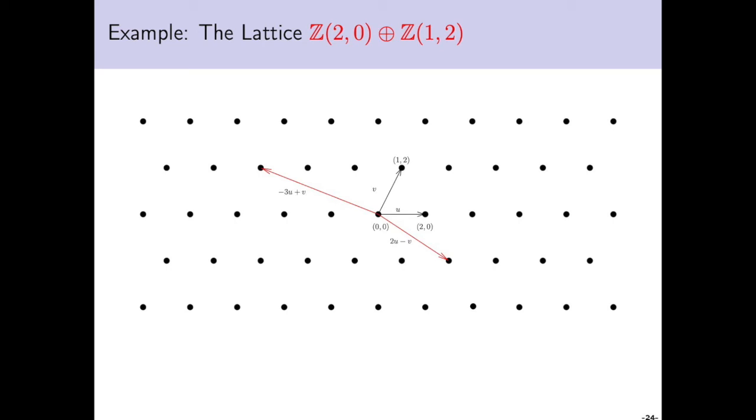But I have the right to use only linear combinations of these two. I can play only with integer multiples of u, integer multiples of v, and sums. But this is 2v minus u. So you can't go back. If you go there, you cannot reverse. It's not invertible.